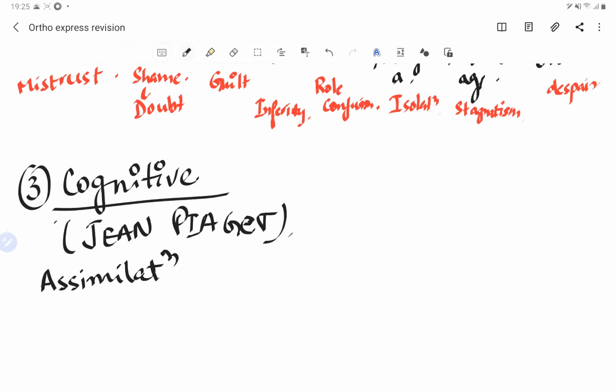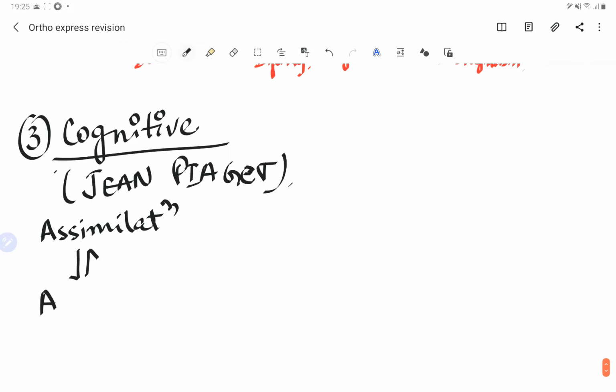And then he sees a bull and he tells you, see, there is a cow going, then you correct it by saying no, this is not a cow, this is a bull. So you tell the difference between the cow and the bull. So there is a change in the information, which we call accommodation.